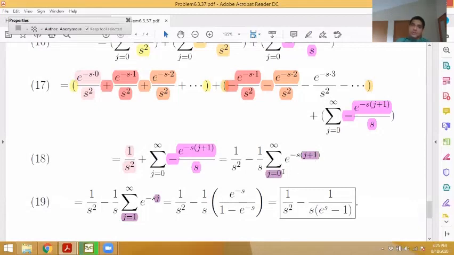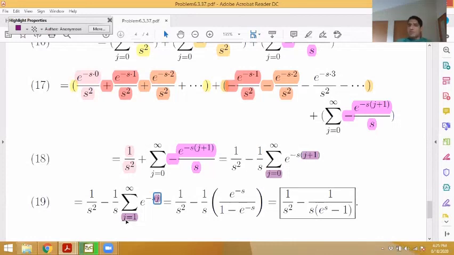And when j is 1, j plus 1 is 2. So we see that the values of j plus 1 are 1, 2, 3, 4, and so on. So that's why I made this change. Now it's just j instead of j plus 1, so it's a little bit simpler. And sure enough, I just started at 1 instead of 0, so it just goes 1, 2, 3, 4.